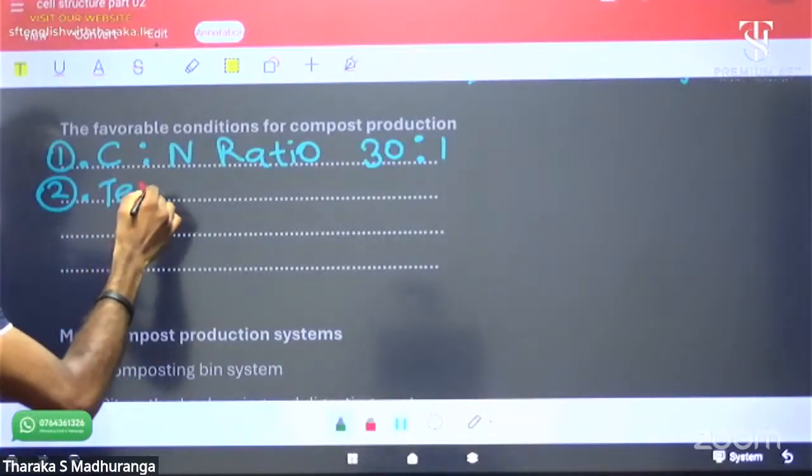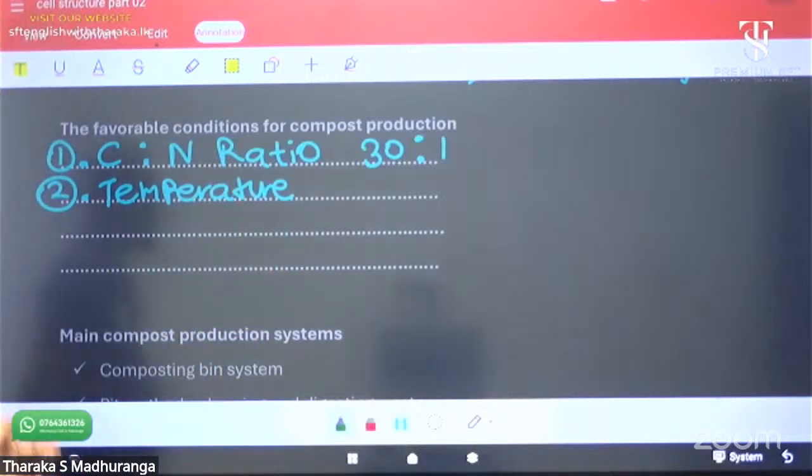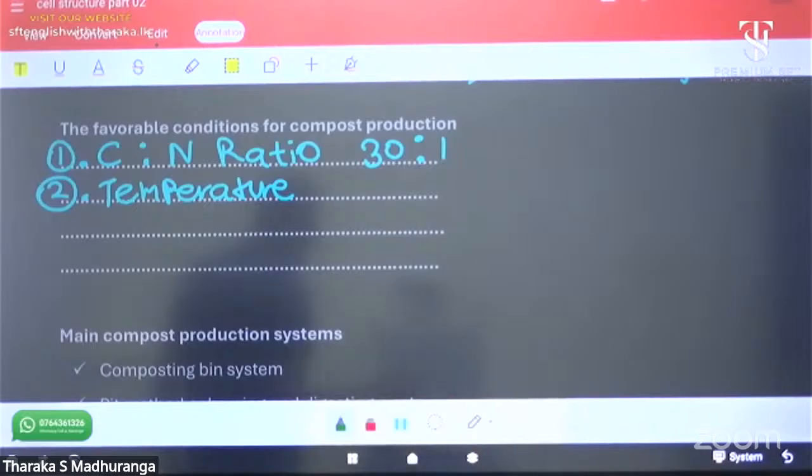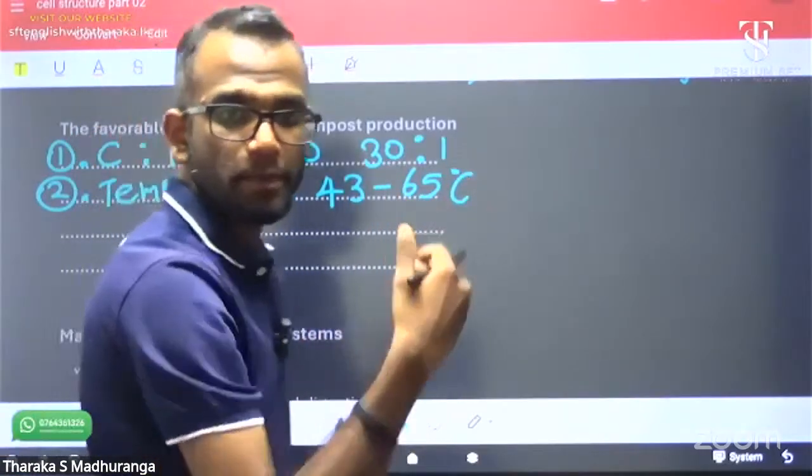The second characteristic is temperature. Temperature 43 to 65 Celsius, which is more than room temperature.